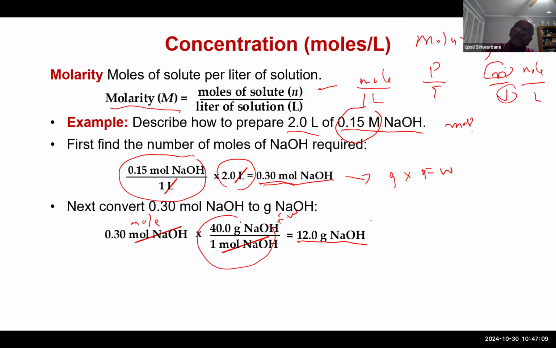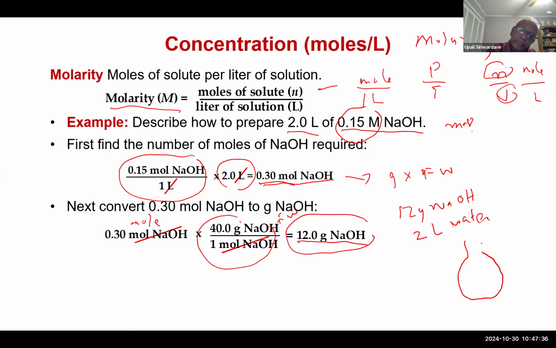How do you prepare this solution? You take 12 grams of sodium hydroxide, dissolve that in water, 2 liters of water. You get 2 liters of that solution. So there are volumetric flasks calibrated for 2 liters.